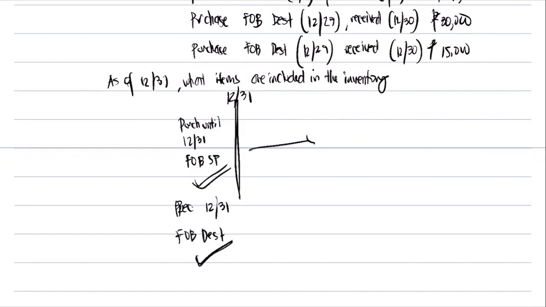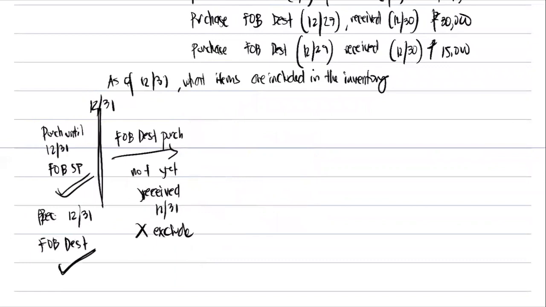But if it is a FOB destination purchase not yet received as of December 31, you exclude. So our rule is: the purchases FOB shipping point made until December 31, include. If you receive an inventory as of December 31 under the term FOB destination, include. If it is FOB destination and it is not yet received as of December 31, you exclude.